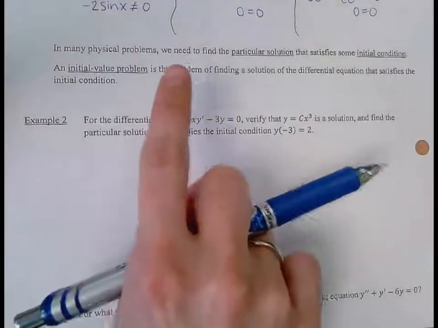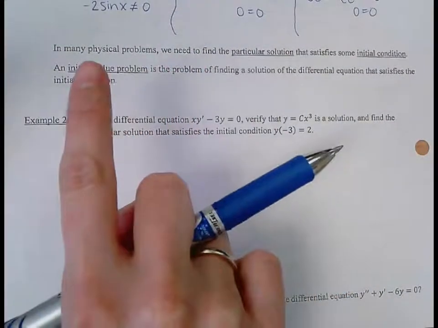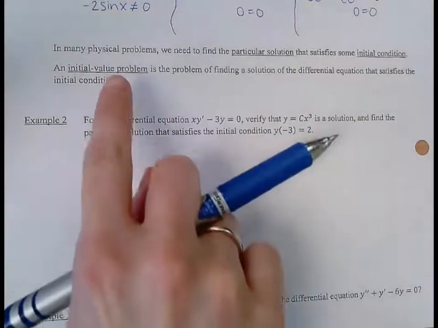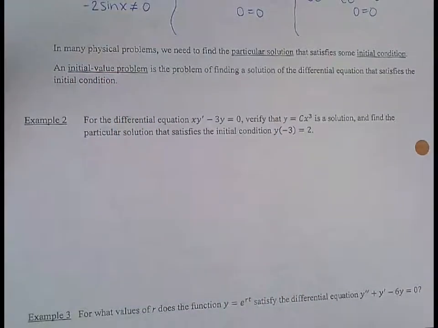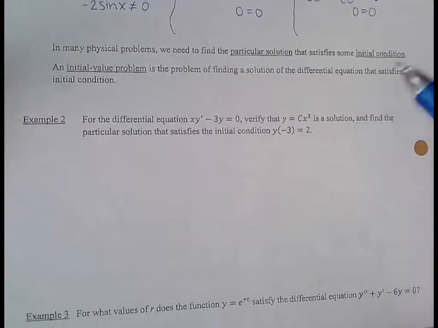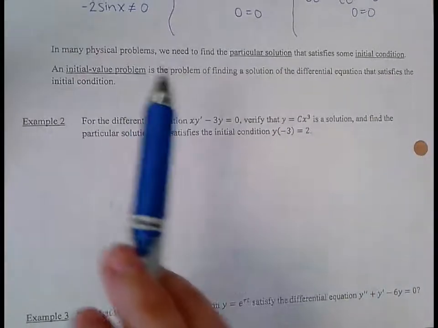So the next part of this says, and we've kind of done some of this already as well, in a lot of cases, we're looking for particular solutions, not general. So you're given some sort of initial condition to find what C would be.